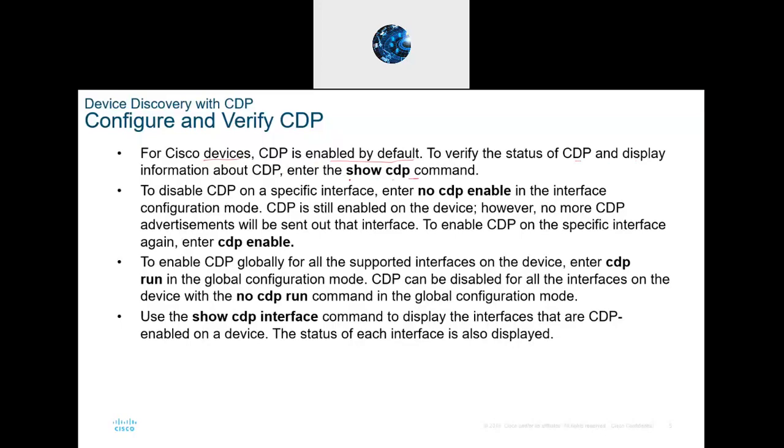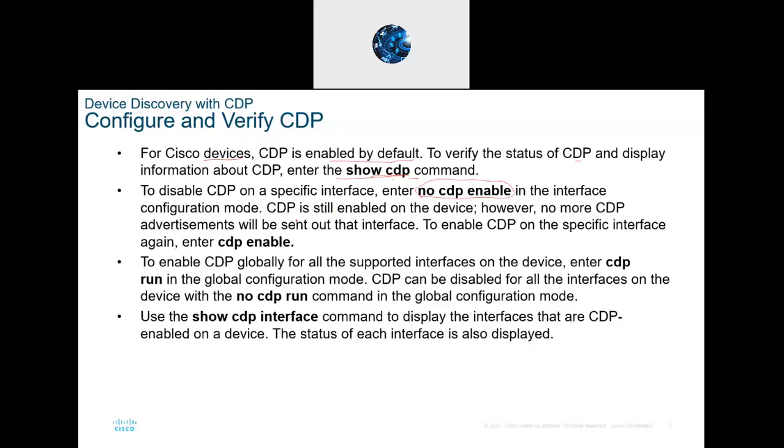So if I just enter my router or my switch right now and say show cdp, we are going to see that this particular protocol is activated by default. To disable CDP on a specific interface, enter no cdp enable. Why do we want to do that? I am also going to talk about that, because sometimes this can create a security risk for you. So you may have to disable CDP on a particular interface.